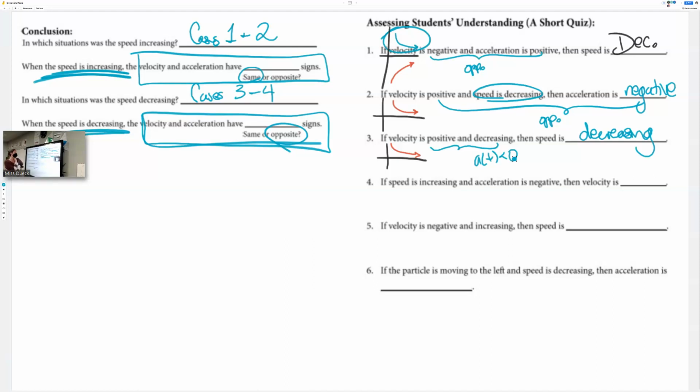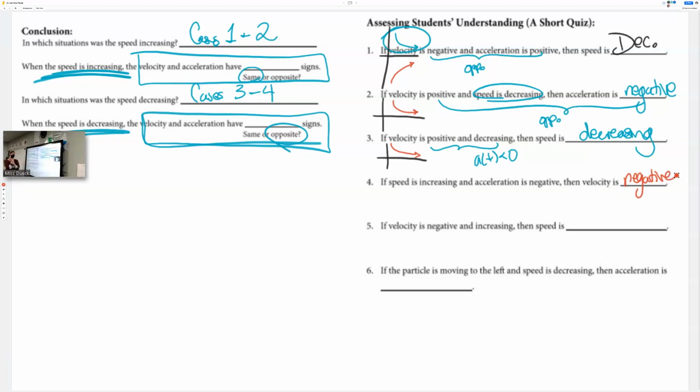If speed is increasing and acceleration is negative. Gravity is pulling something down. Acceleration is negative for free fall because of gravity. Negative. The velocity is negative because it's like, hey, I'm going down.